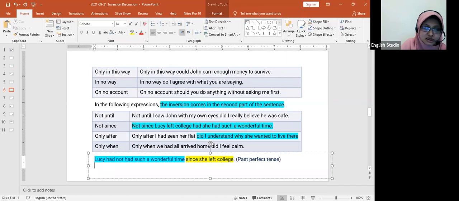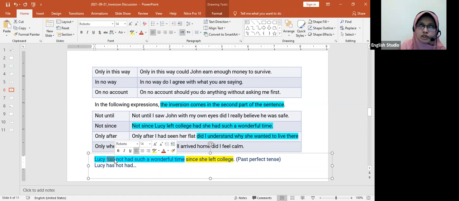Sebenarnya had di sini tuh sebenarnya hampir mirip kalau di present perfect tense tuh kayak yang Lucy has not had gitu. Sebenarnya itu sama aja misalnya, cuma bedanya ini di past ya, ini terjadinya di masa lampau, tapi kalau ini terjadinya sampai saat ini gitu. Cuma karena ini di masa lampau, maka auxiliary-nya harus kita ubah jadi had gitu.